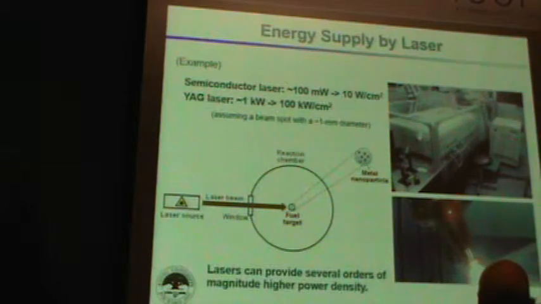And by using high power lasers such as YAG lasers, we can apply even further. Probably some of you have already tried injecting lasers in your experiments to enhance the reproducibility of the fusion reaction.